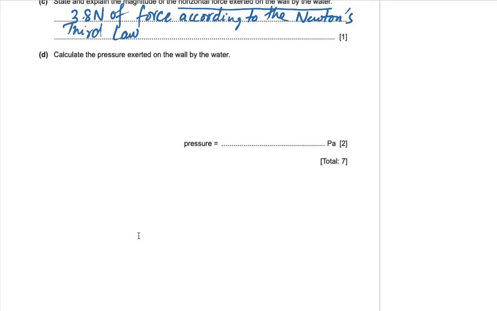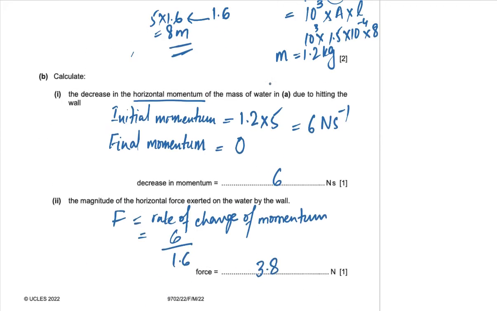Part D, calculate the pressure exerted on the wall by the water. So pressure is equal to force that is experienced by the wall divided by the cross-sectional area of the wall that experienced that applied force. All right, force that is exerted by the wall on the jet of water is equal to 3.8 newtons divided by the cross-sectional area of the wall that experiences that amount of force.